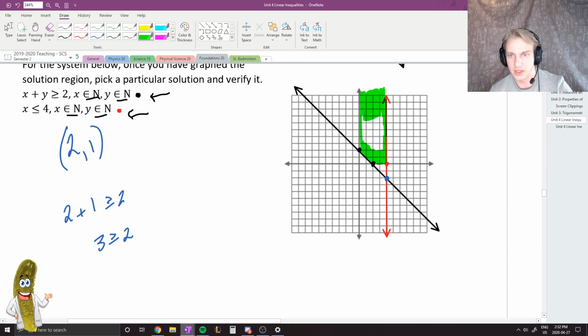We said that anything with the x-EN, y-EN saying that it's a natural number, those numbers must be positive whole numbers or positive integers that do not include 0. And so what I need to do then is fill dots in at all of the positive spots. And I'm not going to put any along the y-axis here because we said that it cannot equal 0.